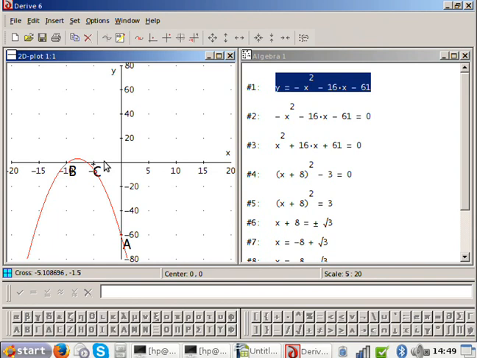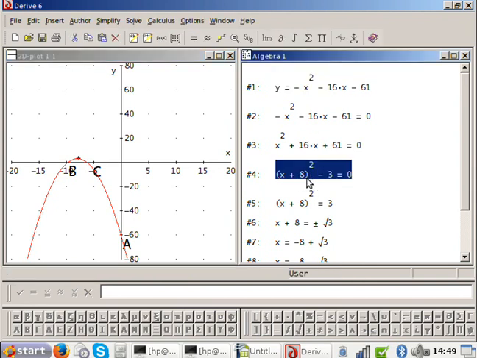The last thing I want to show you is how you can find the vertex, the D. In fact, you already know how to find it. Once I have this completed square, do you see this here? You can actually get the answer from this. What's the vertex here? What's x? Minus 8. And y? 3.